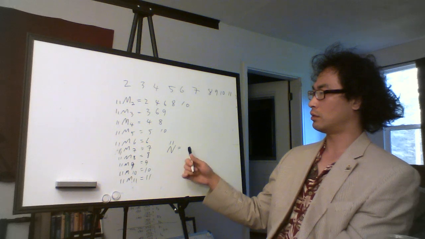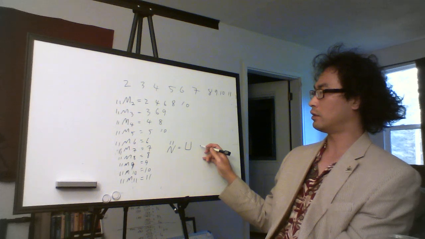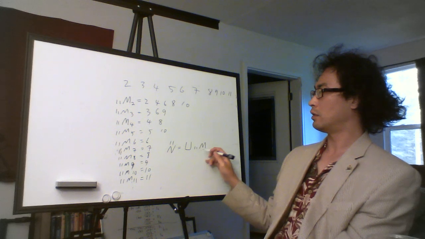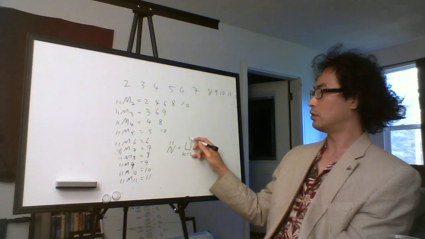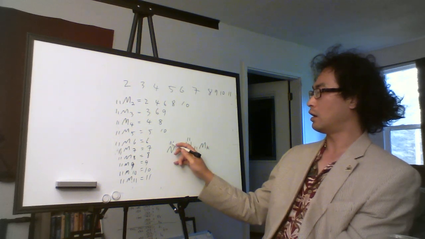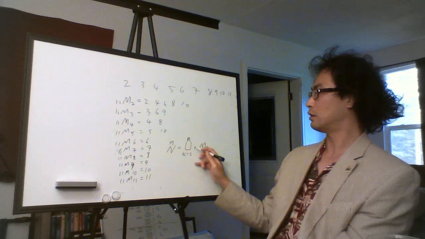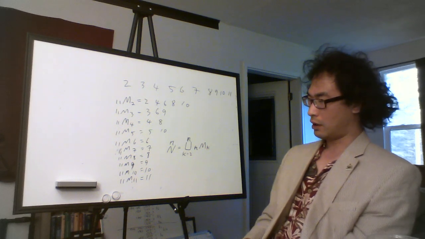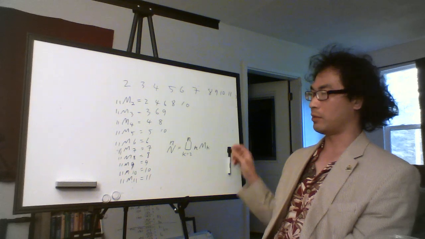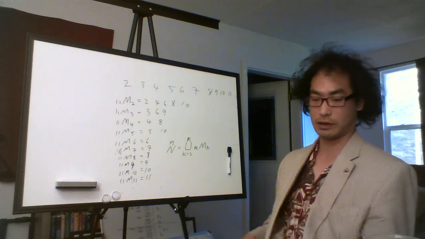So that's the union of M_k when k goes from 2 to 11. And this may as well be just N, then we just generalize it.